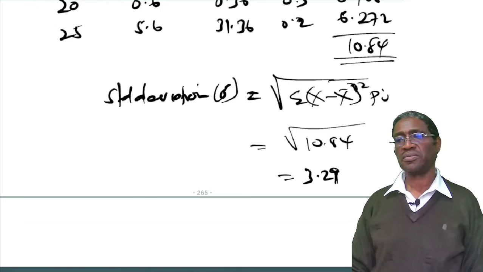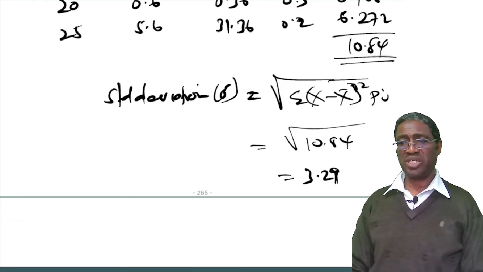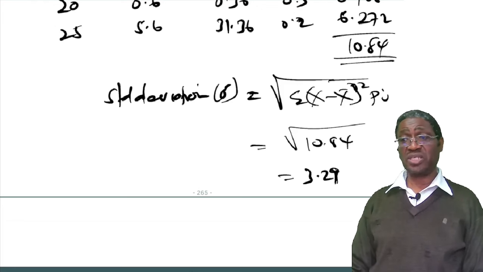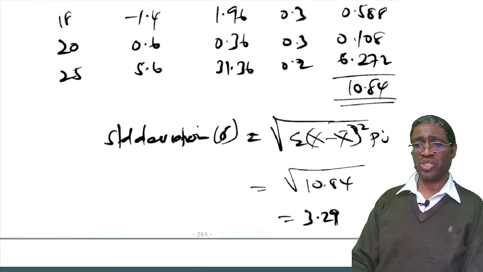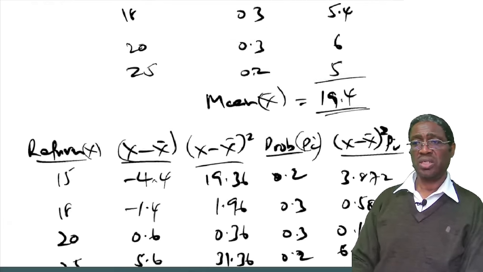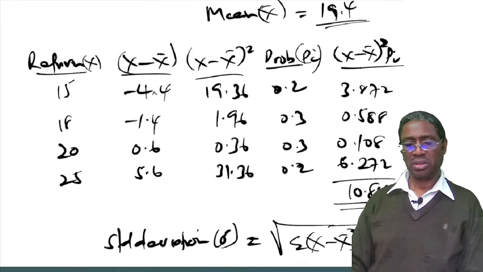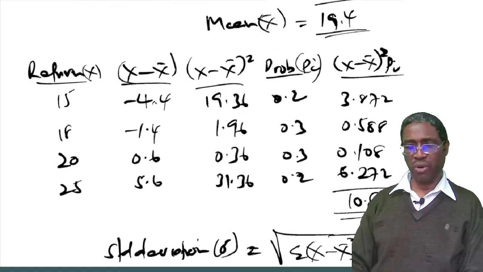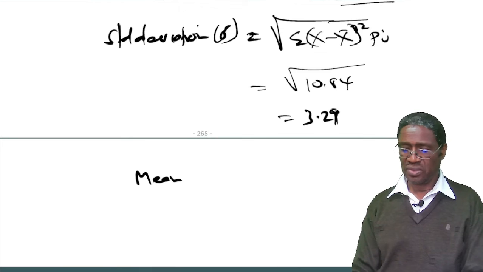Okay. Now listen. For example, from this investment we have just done, it had a mean return of 19.4.